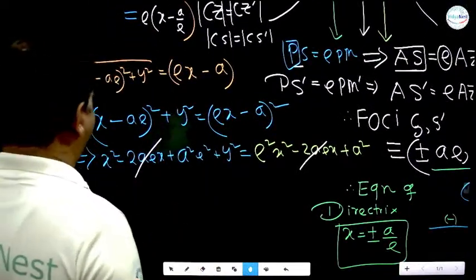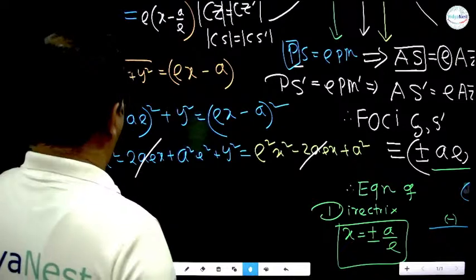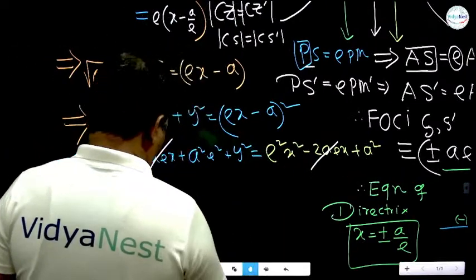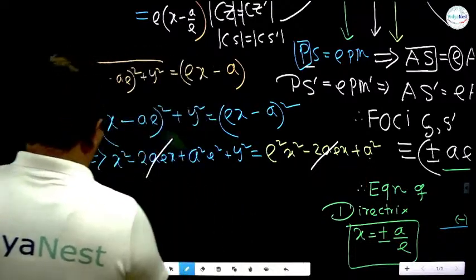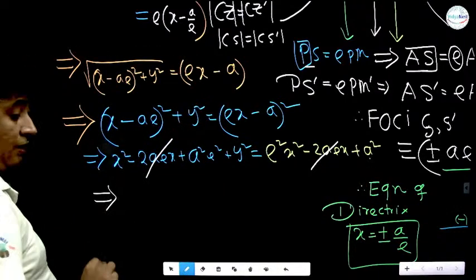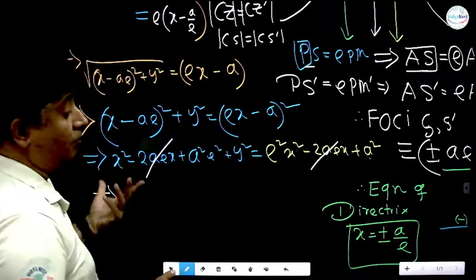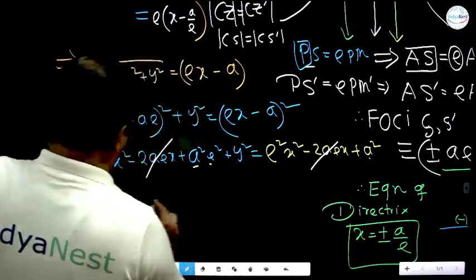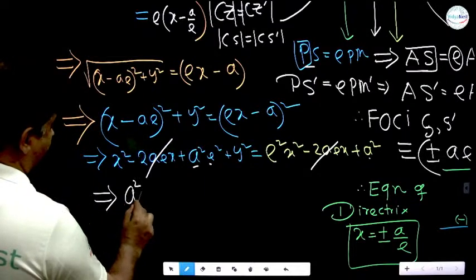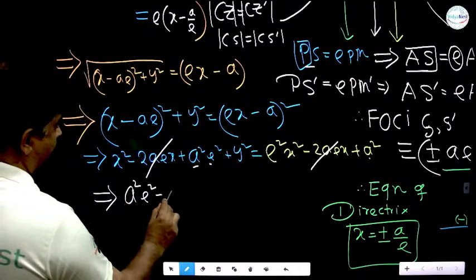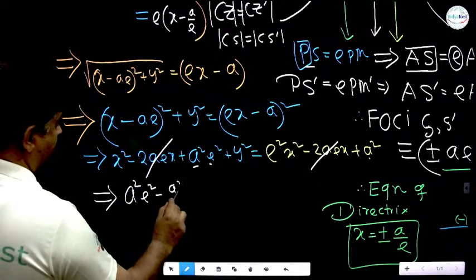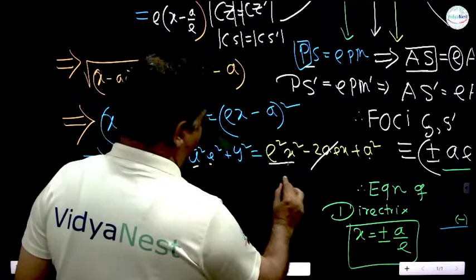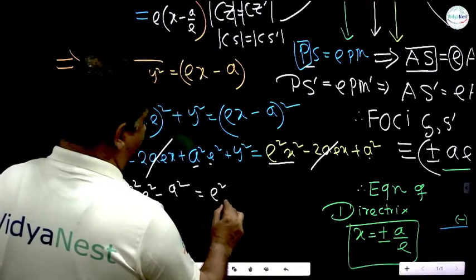Now you do one thing. You bring a square, that a square, in left hand side. Here some critical manipulation is required. A square is square and a square will be clubbed together. In right hand side we have e square x square.